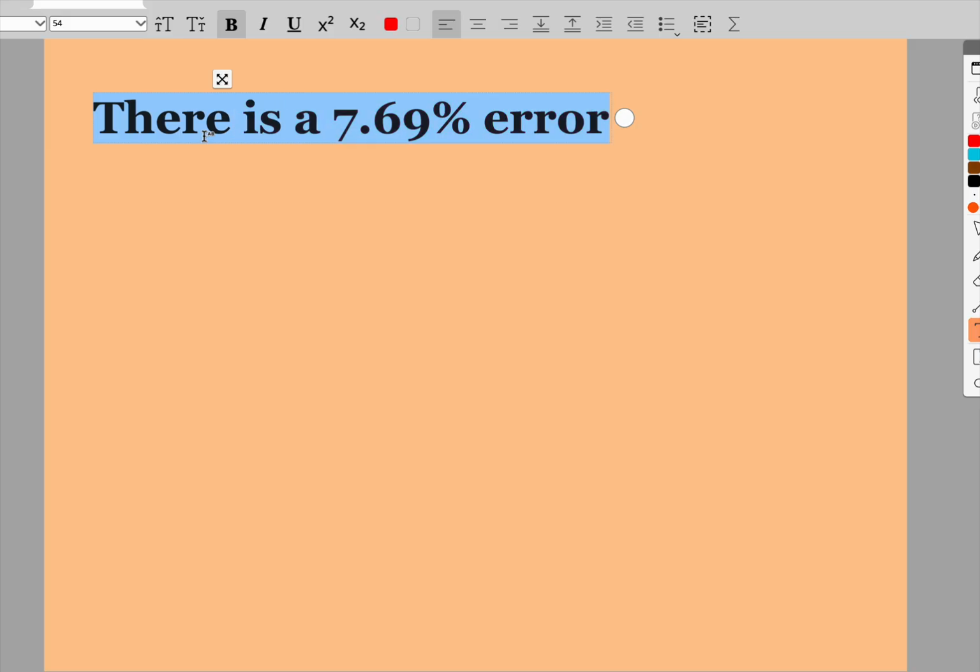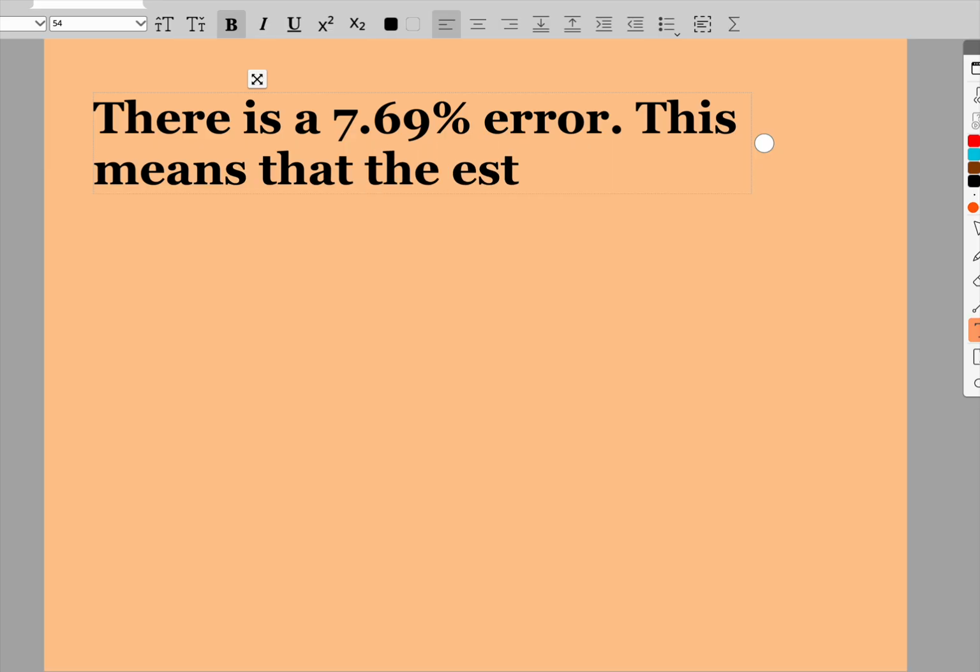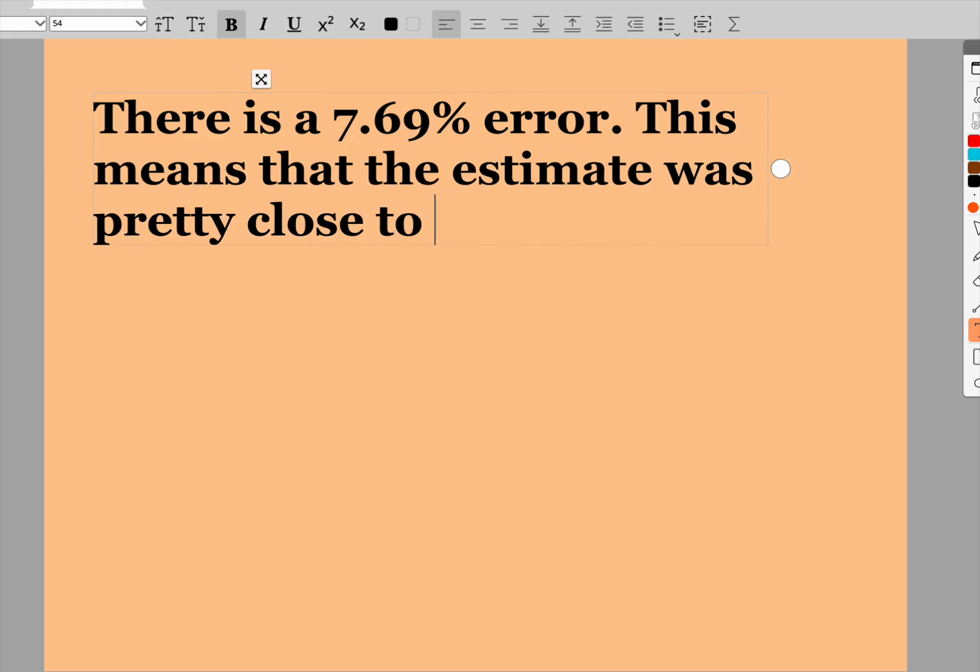Realizing that that's not a great color to type in, sorry about that. And that's a low percentage. It's below 10%, so this means that the estimate was pretty close to begin with. My real world implication is that they ordered maybe a little bit more, a little bit less, but they were pretty close.